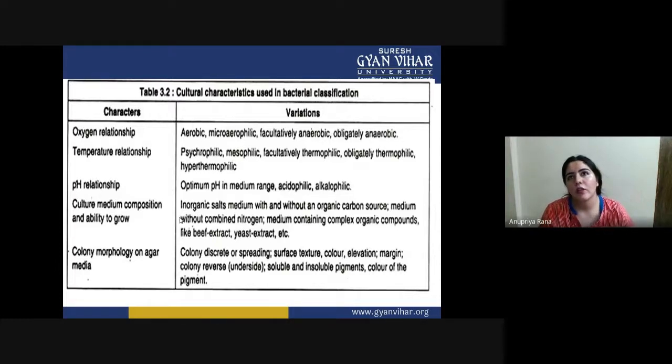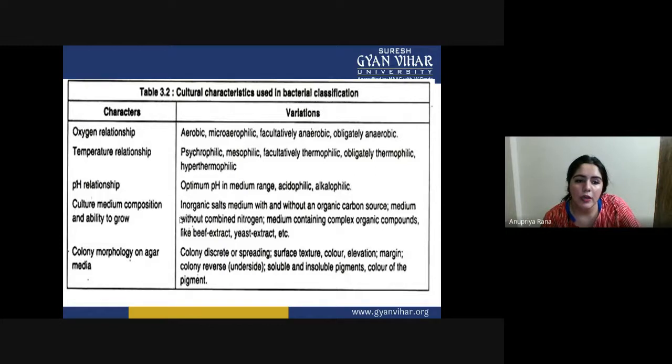The different combinations inside the media can affect the growth of the bacterial culture. Some bacteria need more carbon source, some need more sulfur, some need more phosphorus. So what you use in your media to culture the bacteria also shows in the characteristics of the bacteria.